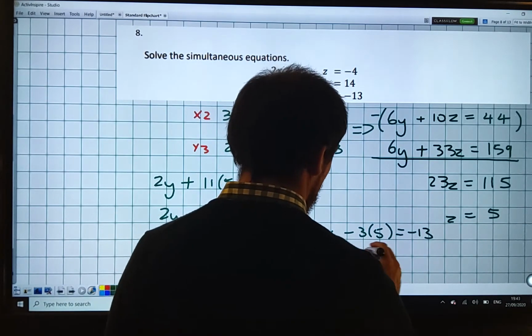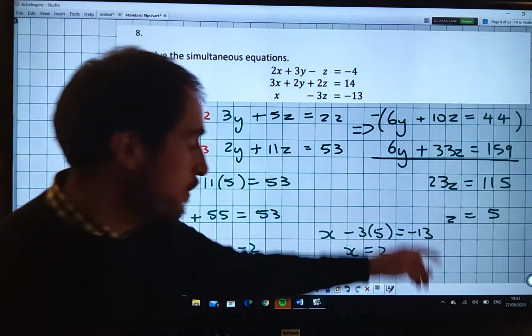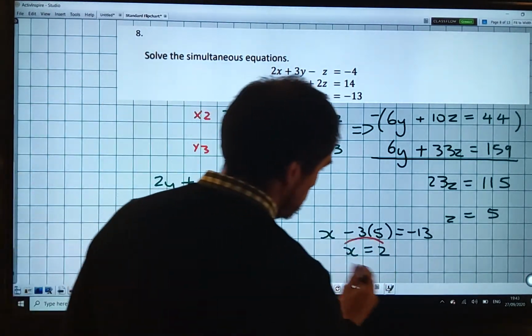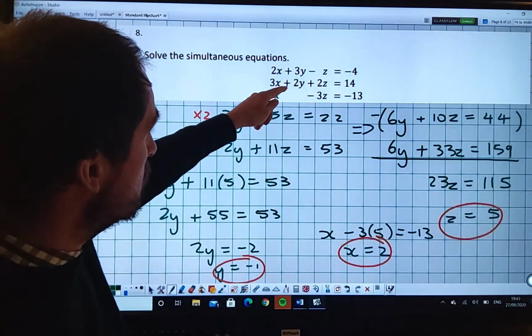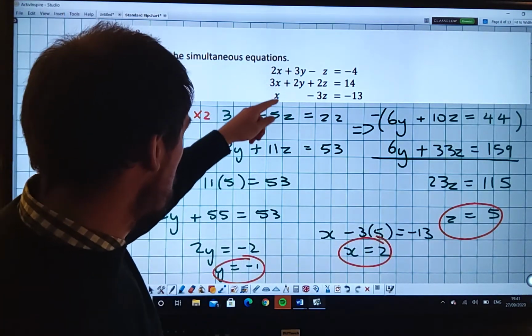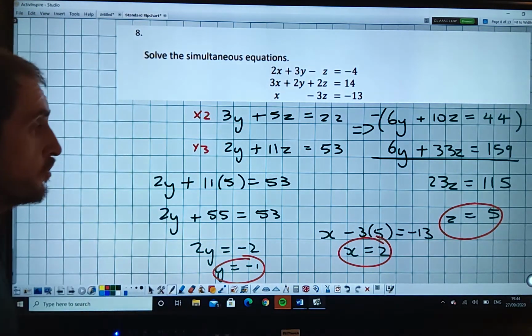So x is equal to 2, because minus 15 plus 2 is minus 13. x is 2, y is minus 1, z is 5. And there I got 3 answers. So 6 minus 2 is 4, plus 10 is 14. 4 minus 3 is 1, minus 5 is minus 4. It's going to work for all 3.